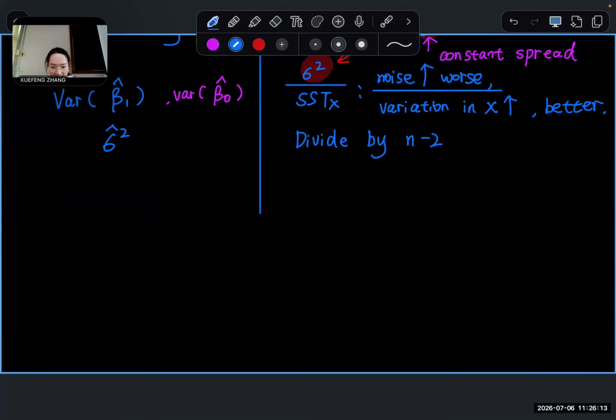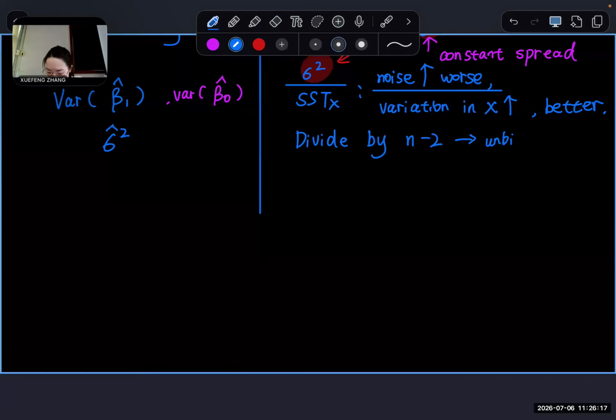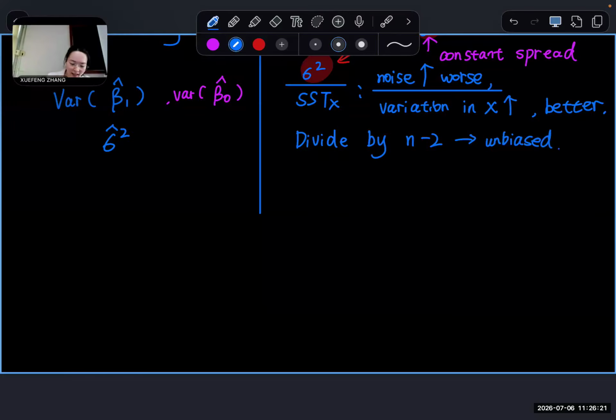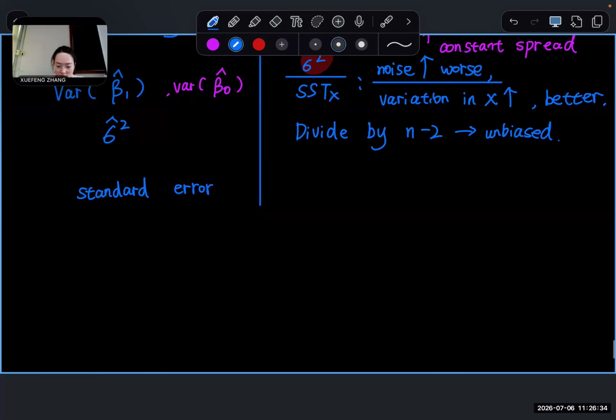If we divide it by n minus 2, this means unbiased. And once we get the variance, the next step is the standard error, which means how precise our estimate is.